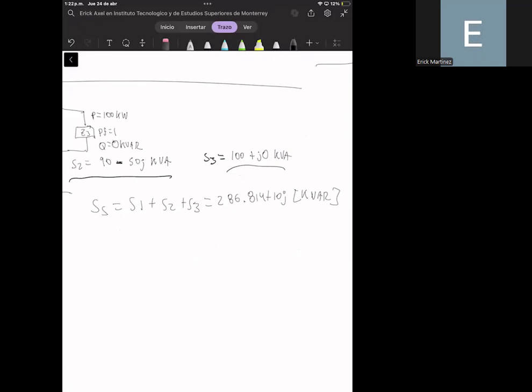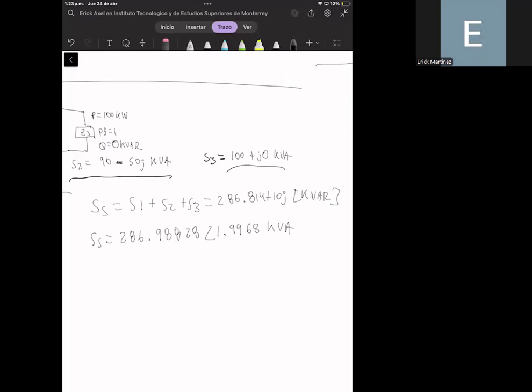Now I can express this in polar form. If I express this in polar form, I will get 296.98828 with an angle of 1.9968 kilovolt ampere.